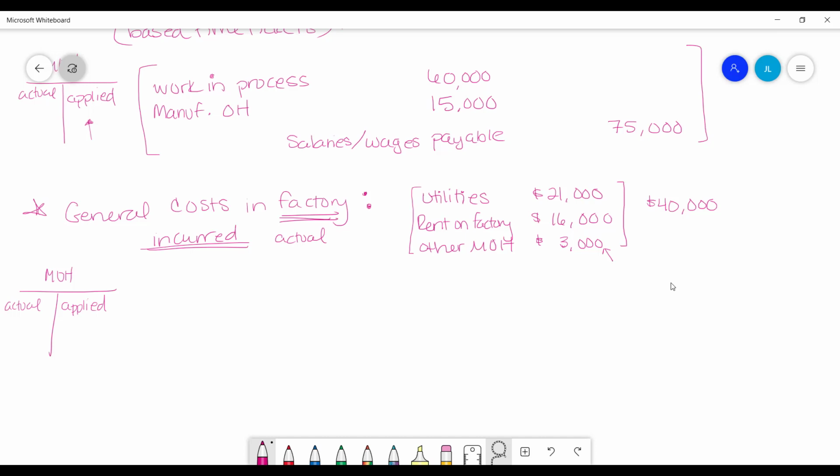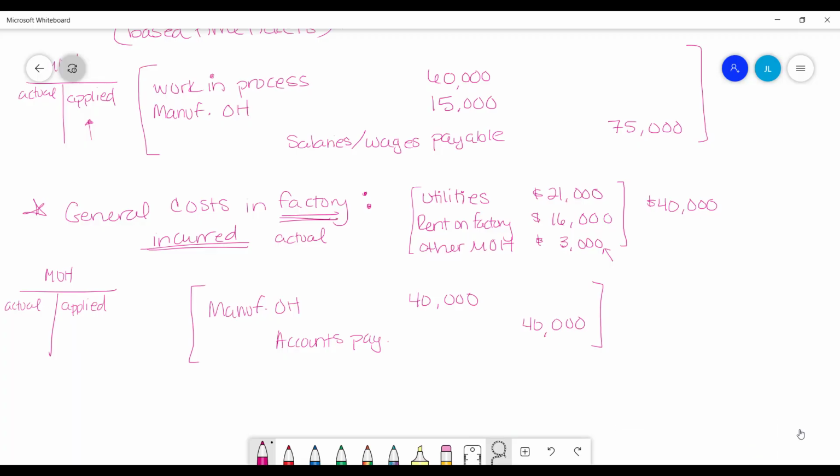So to record these actual overhead costs of $40,000, we'll debit manufacturing overhead, this time for $40,000, and then we'll credit accounts payable, or cash, but in this case we'll just use accounts payable, assuming we haven't paid all of it yet. So a debit to manufacturing overhead and a credit to accounts payable.